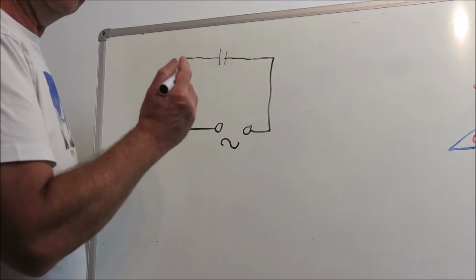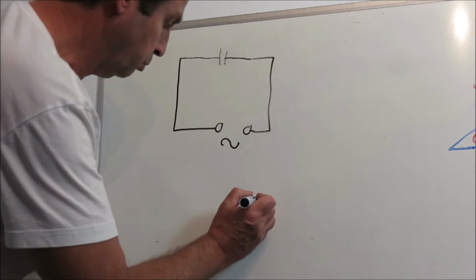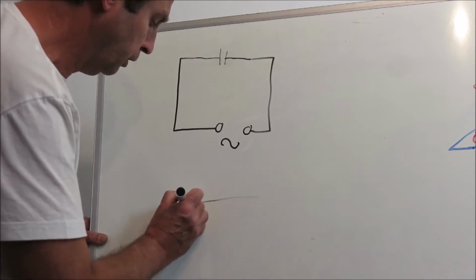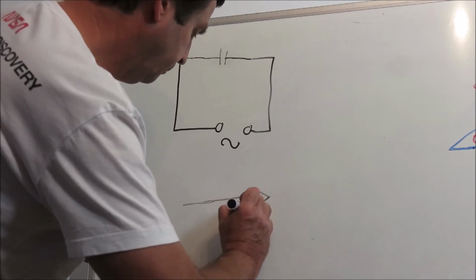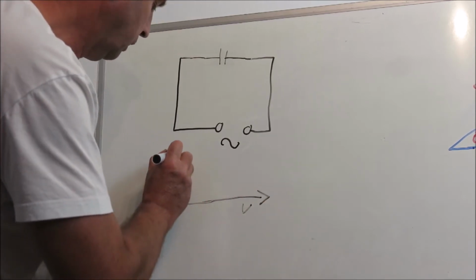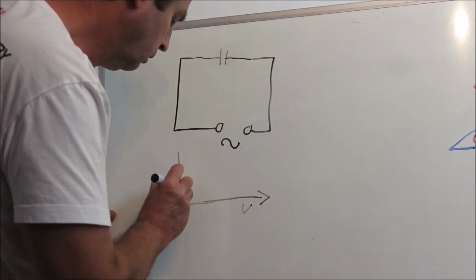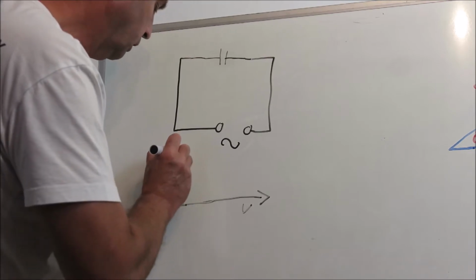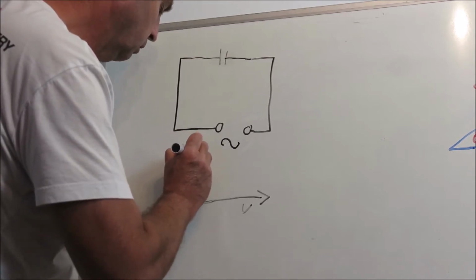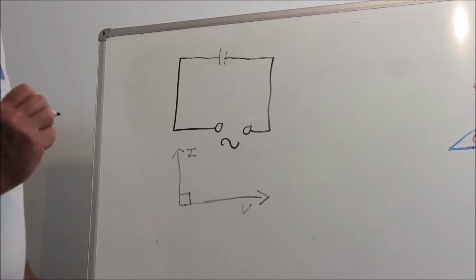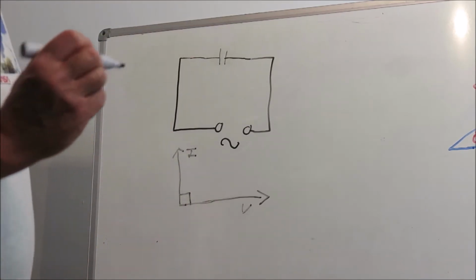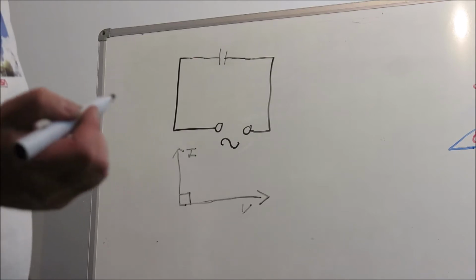So now the effect that this has on the supply is, once again, if we use the voltage, V, as a reference, we can say in a capacitive circuit that the current is going to lead the voltage by 90 degrees. And if we now have a look at the graph of that, it looks like this.